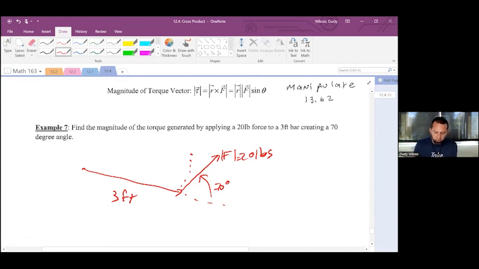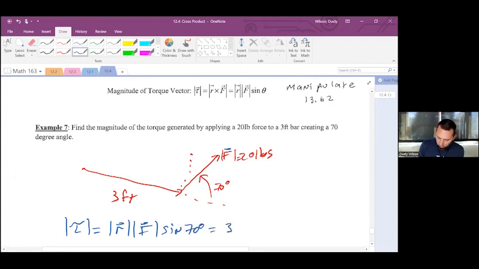If we want to find the magnitude of the torque, we're not actually worried about the torque vector itself. So the magnitude of the torque vector will equal the magnitude of the wrench, the distance, times the magnitude of the force, times the sine of, in our case, 70 degrees.